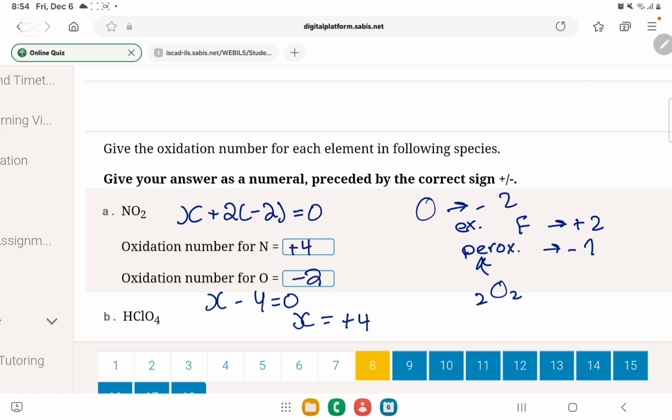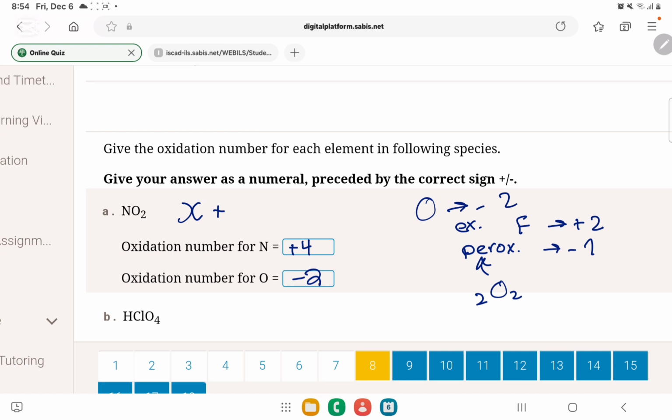So +4. Let me explain again, okay? Here we don't have F, and it's not a peroxide. So the oxidation number of O is -2. And since we need to find N, we're going to put X for that. Then we add that to O, which is -2 times 2, because we have 2 O's. Okay, we're only doing that to solve. We won't put that as the answer.